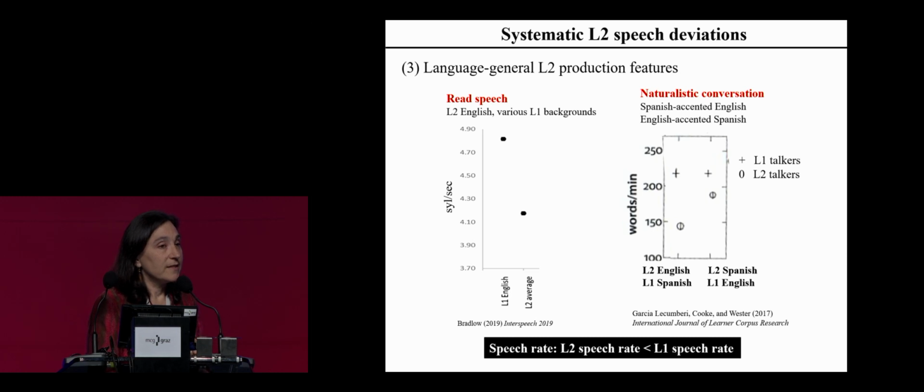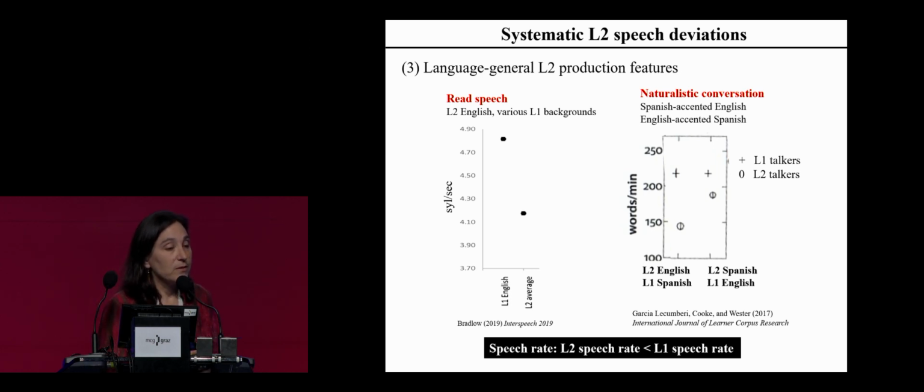One, you can see that this is a study that used naturalistic conversational speech. This was speech in real interactions between speakers. And this is important because it establishes that the slowed rate of L2 speech that we see in read speech is not a function of the difficulty of reading in a second language. We see this reduced rate of speech even in natural conversations.